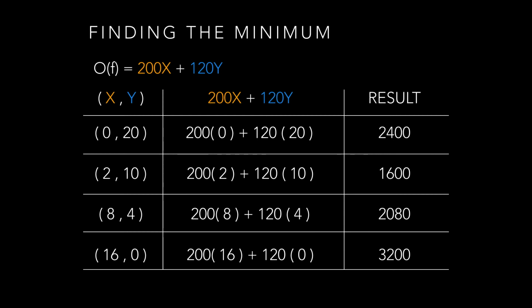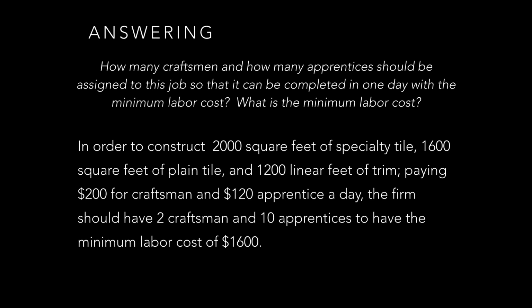Let's find the minimum cost. Answering: how many craftsmen and how many apprentices should be assigned to this job so that it can be completed in one day with the minimum labor cost? What is this minimum labor cost?